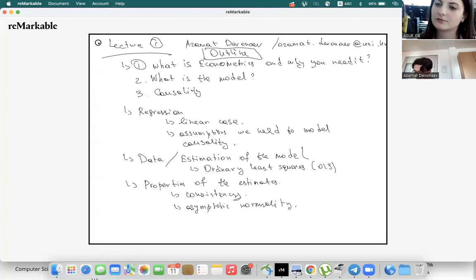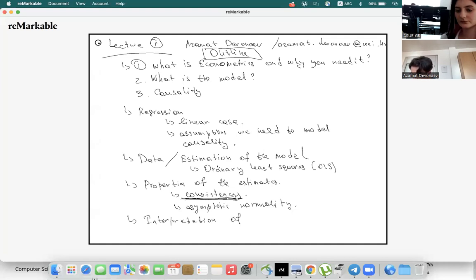Mostly we will cover consistency, not asymptotic normality, in this lecture, because we do not have that much time. I will do the consistency, and then if time allows, we will do the interpretation of the model.